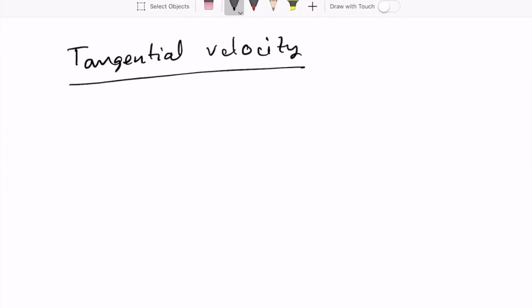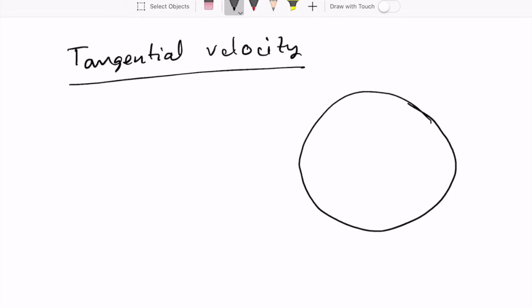So what we have so far is an object moving in a circle, and let's say that it moves from this point to this point, A to B, and the angle that it traces out is delta theta. The time it takes to trace out this angle is delta t.